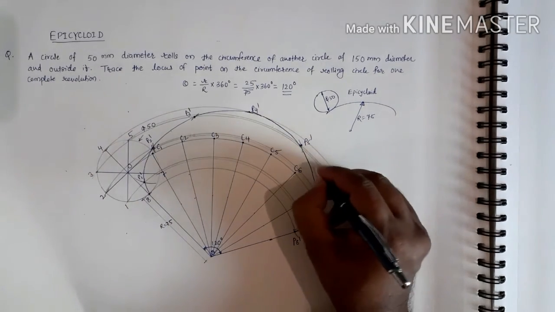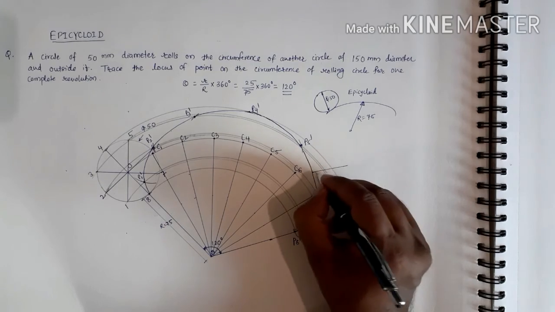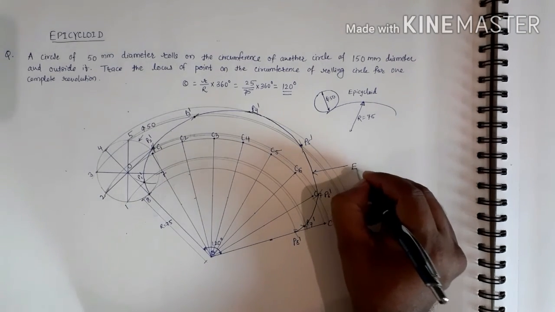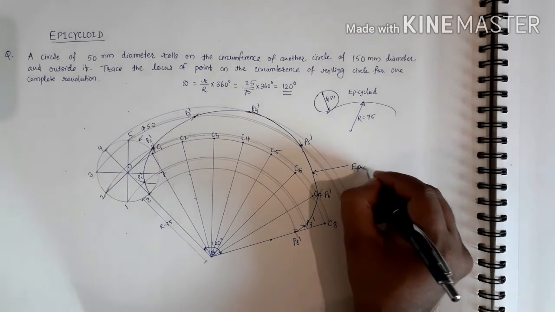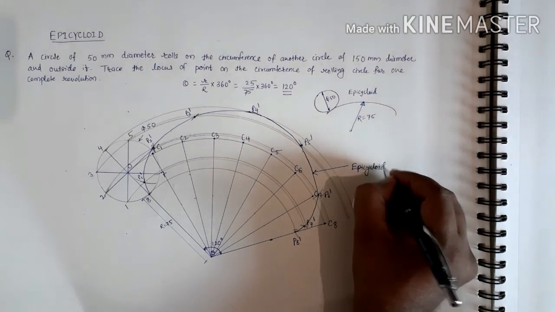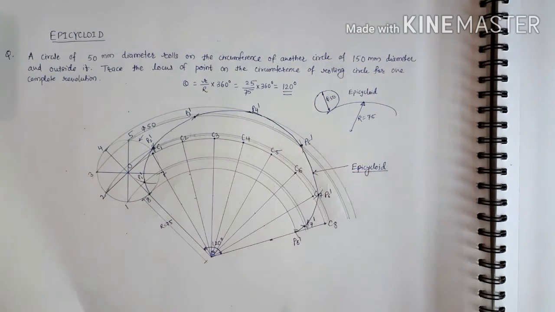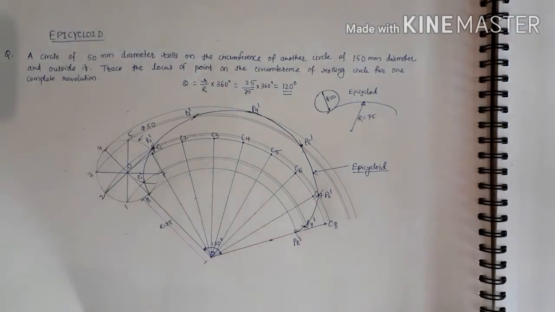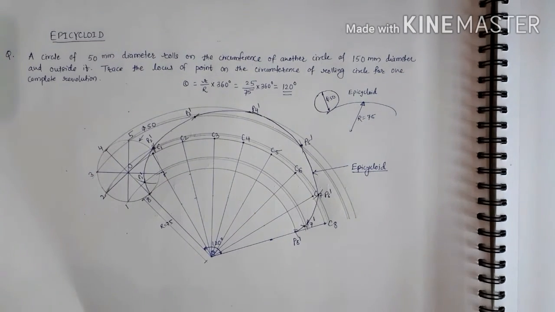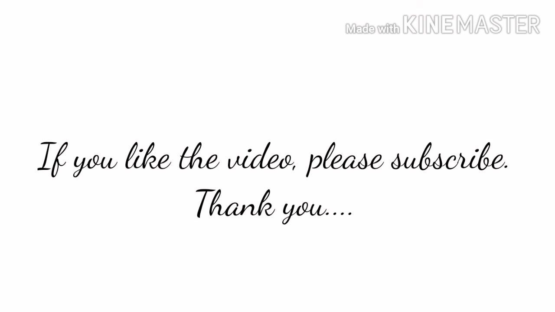So this is an epicycloid. We got shape like a parachute for epicycloid. So this is a curve called epicycloid. Thank you.